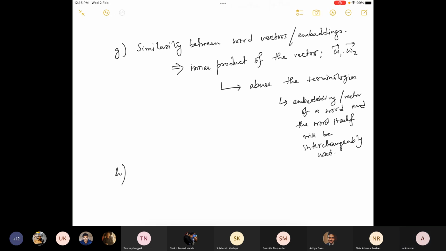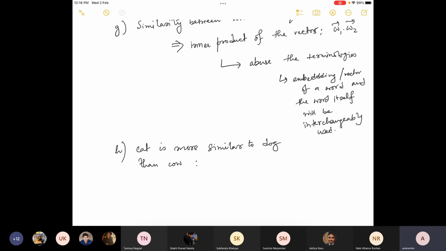Now, that would mean that if we want to say that cat is more similar to dog than cow, how will we express this?